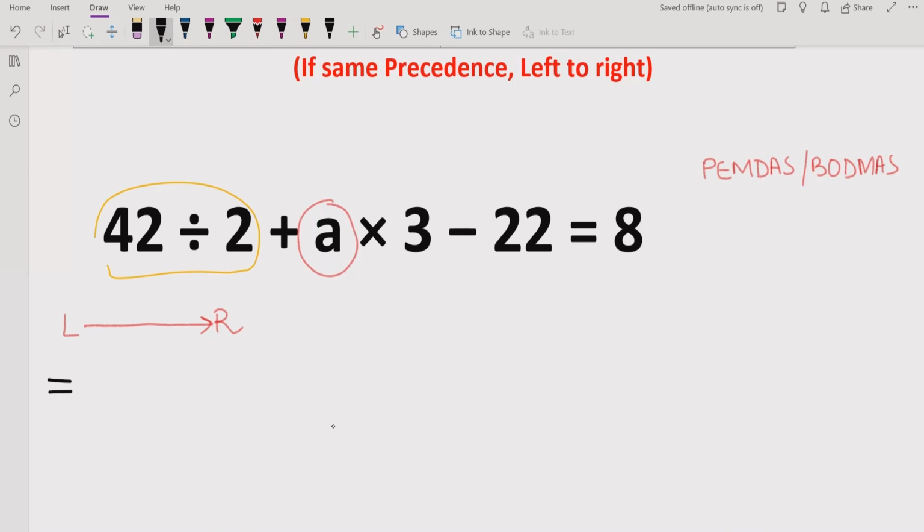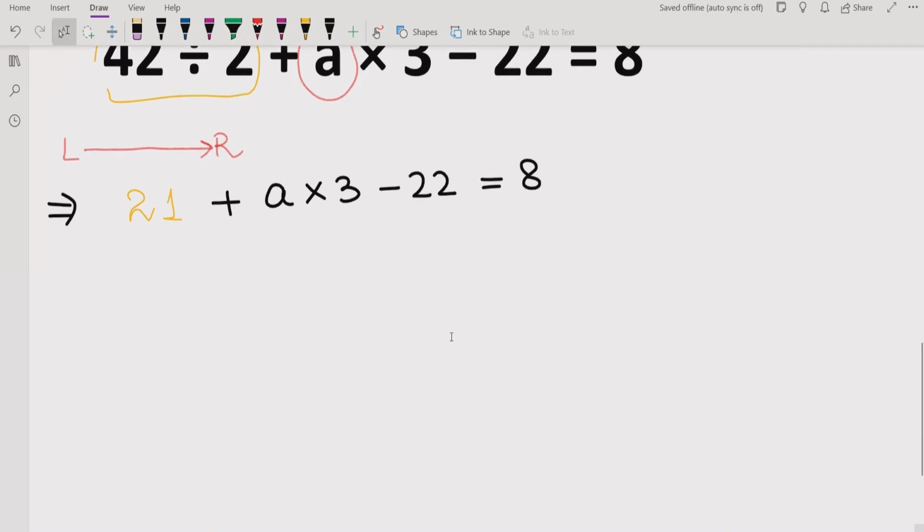So 42 divided by 2 is 21, and we will write the whole expression as it is. Now we have to move forward again, left to right.